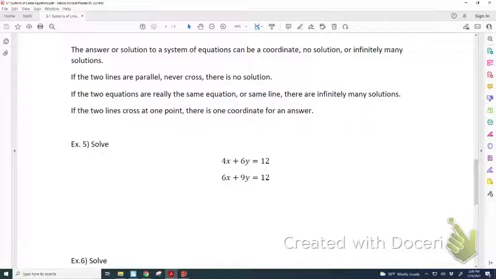In college algebra, we looked at some different scenarios that may happen with a system of equations. So remember that the solution is where functions intersect.